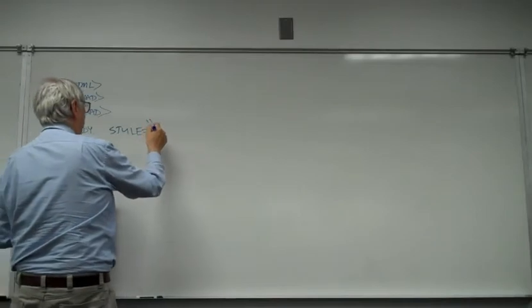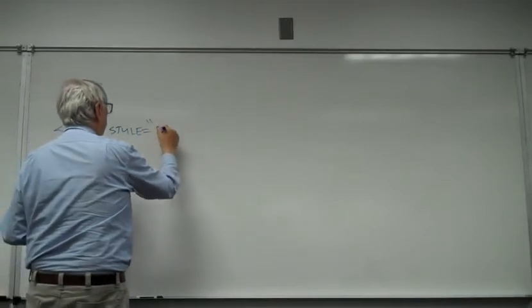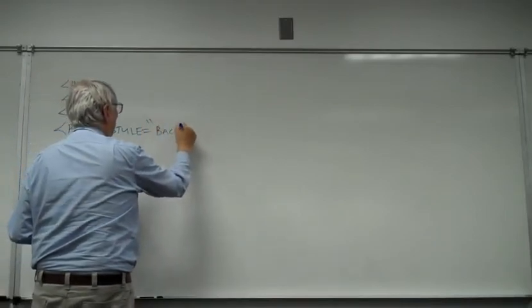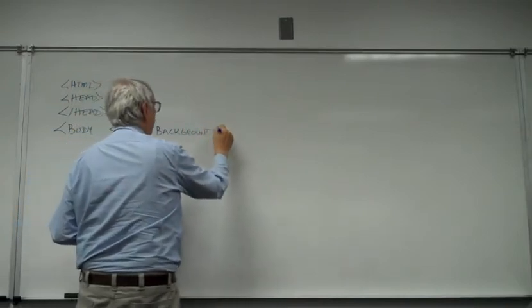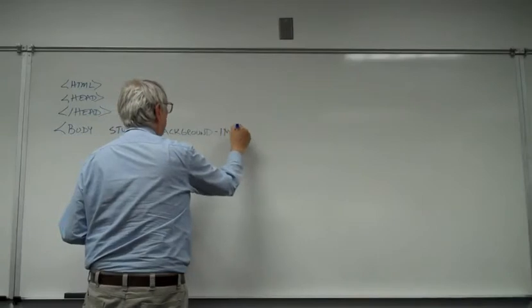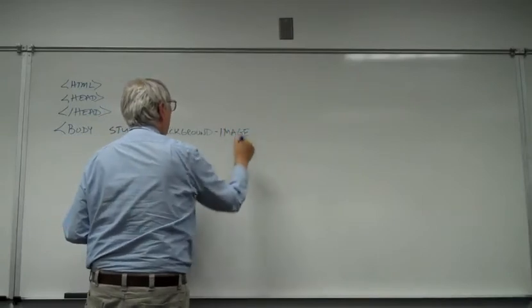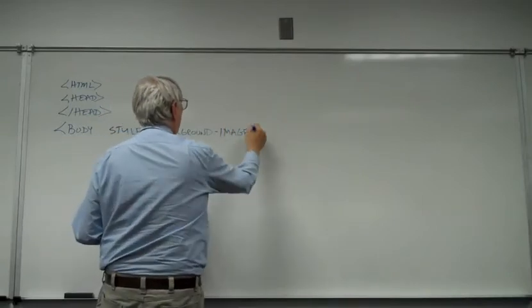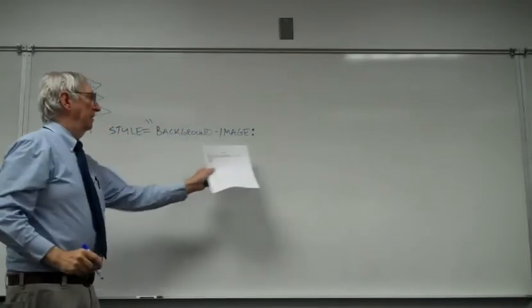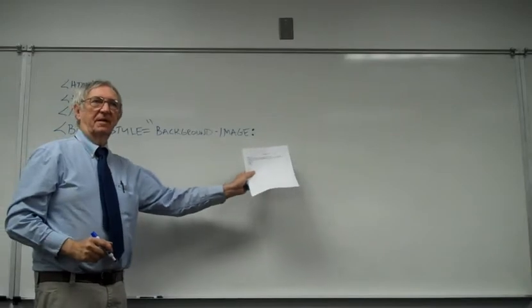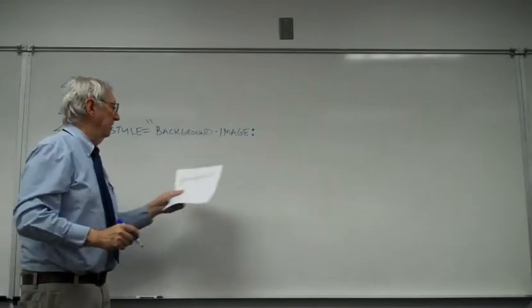Okay, so I said background. In this case, we're talking about a background image. Colon. Now, if this was background color, we put the color there, right? We did that last time. We said the background color, it was the color right there.